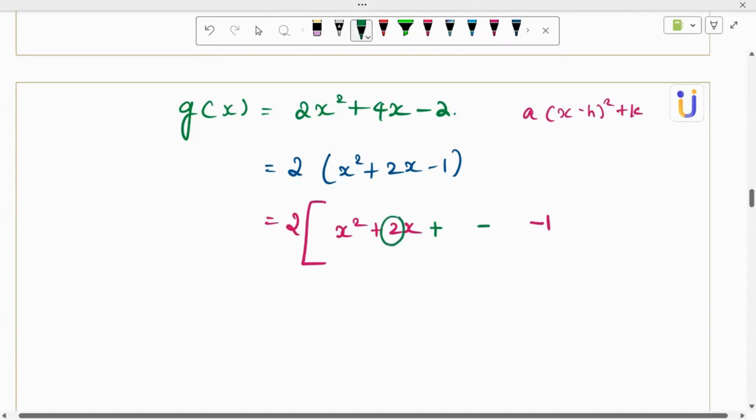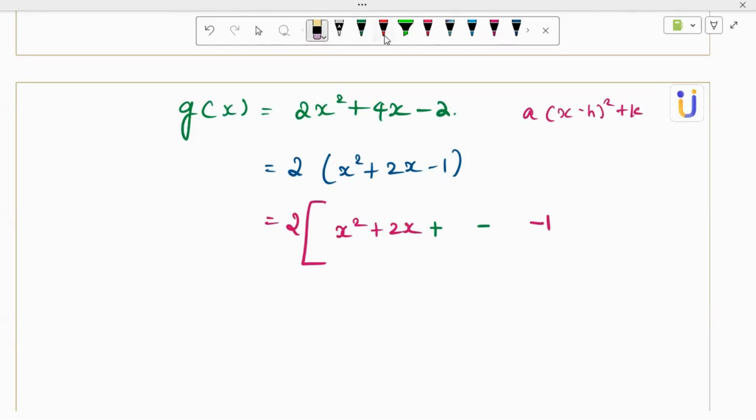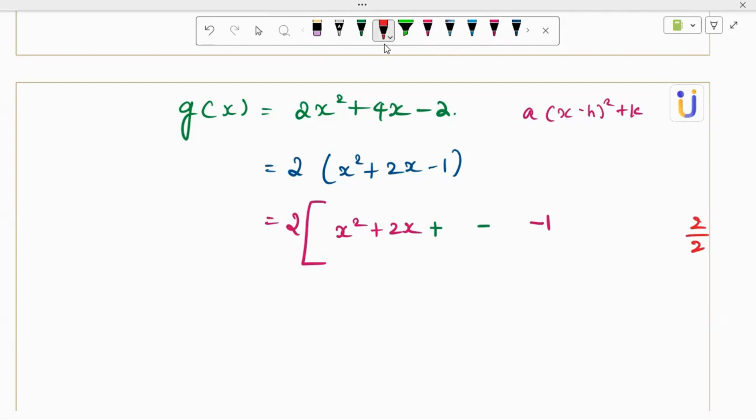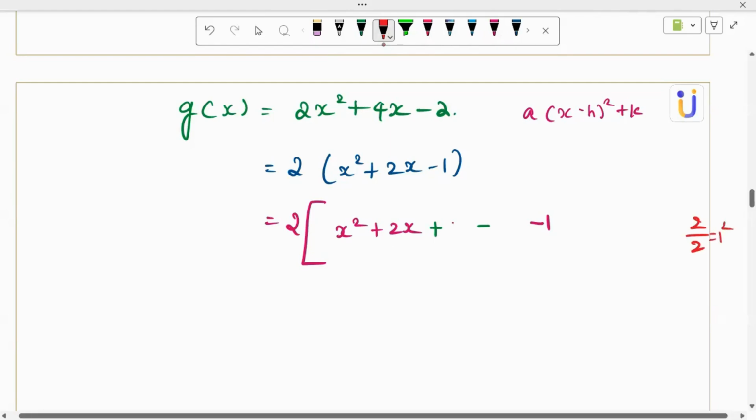The coefficient of x, that number you have to divide by 2. Coefficient of x is 2, divided by 2. If the coefficient of x is 10, 10 divided by 2. So we are taking half of the x coefficient, which is 1, and you need to square it, and then add that value. So I have to add 1 square.